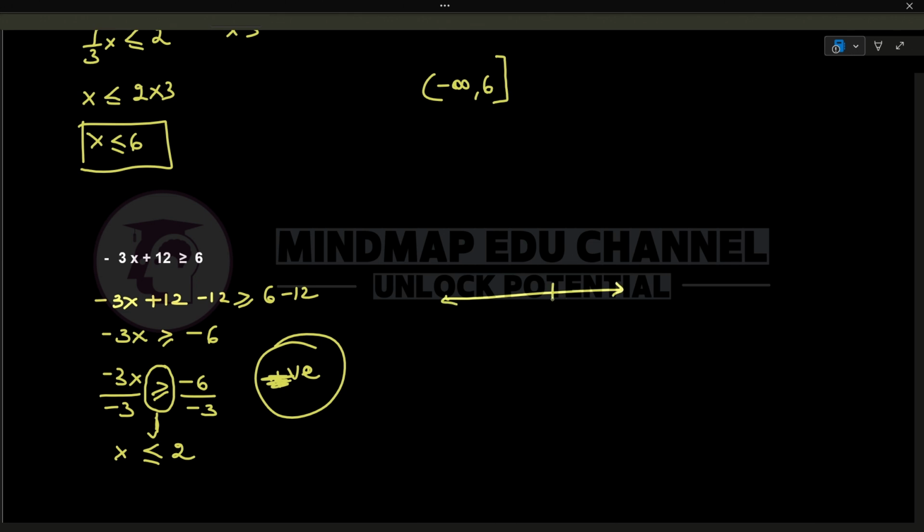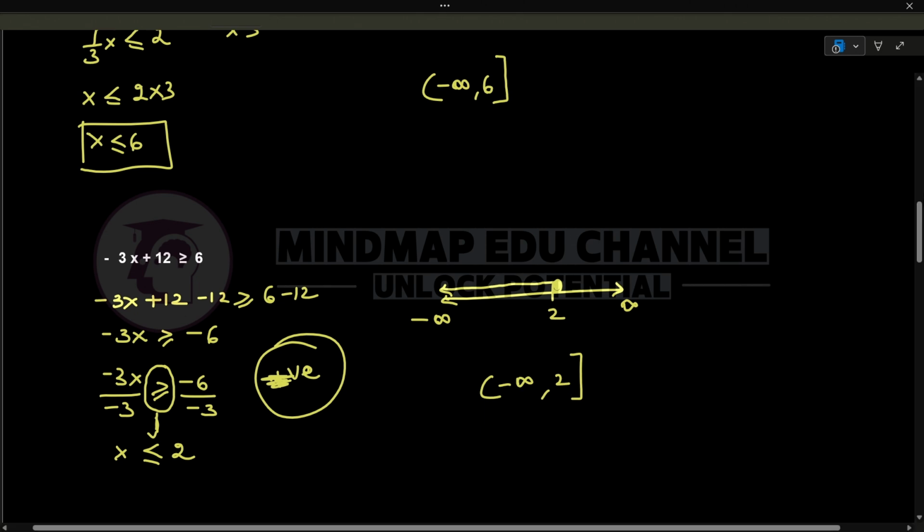So, here we have 2, minus infinity, plus infinity. Here we'll have a closed circle because there is an equal to sign also, and it is less than, so it will be towards minus infinity, and in interval notation it will be from minus infinity to 2. Again, remember to mark the proper brackets.